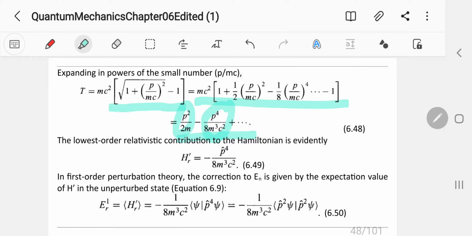So in the first order perturbation theory, the correction to En is given by the expectation value of H prime in the unperturbed state. That's equation 6.9.